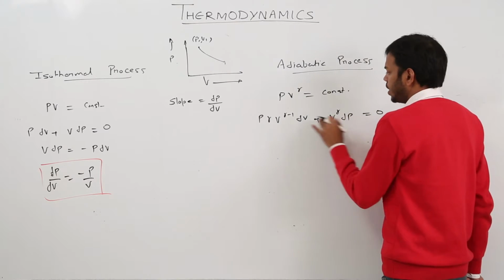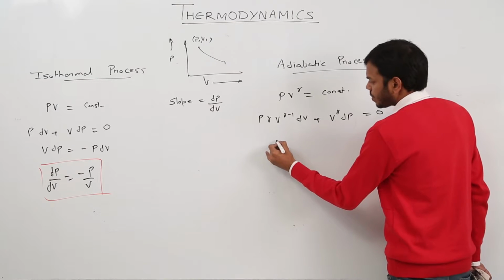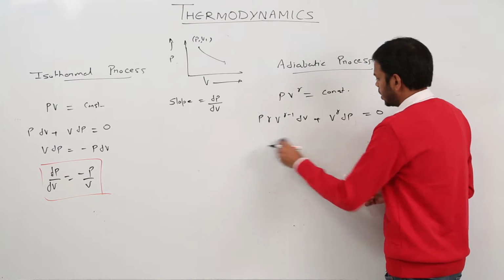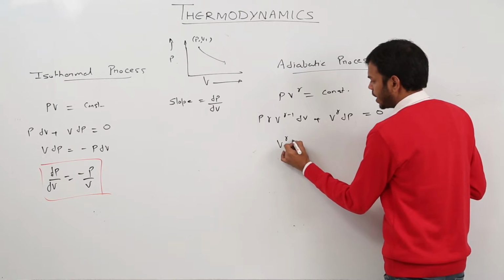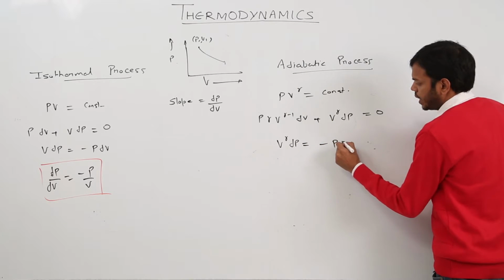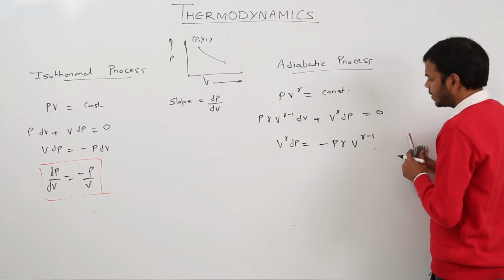Now I want dP over dV. So taking this whole term to this side, V raised to power gamma times dP is equal to minus P gamma V raised to power gamma minus 1, right?